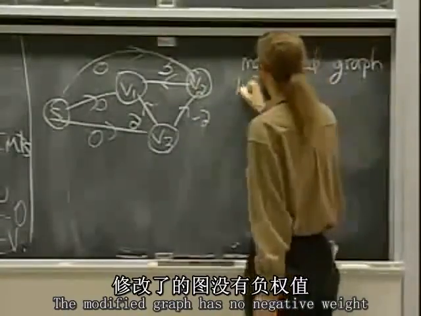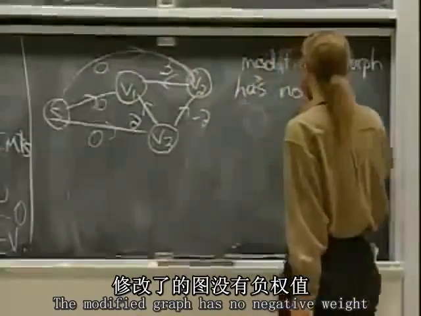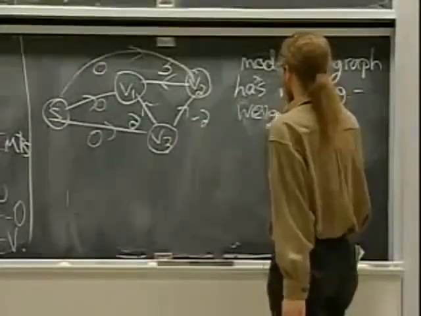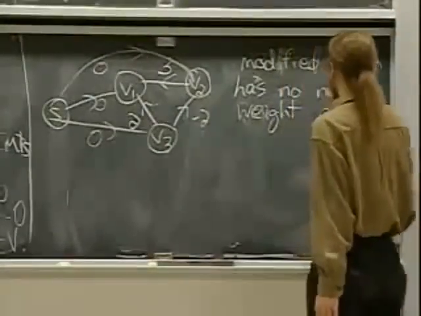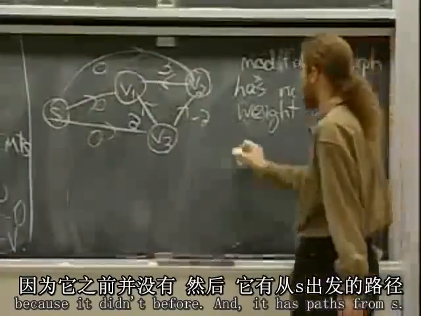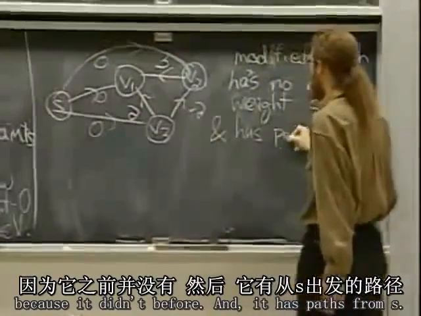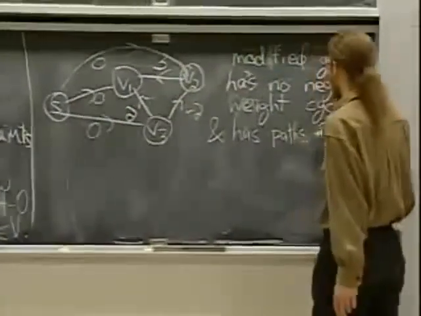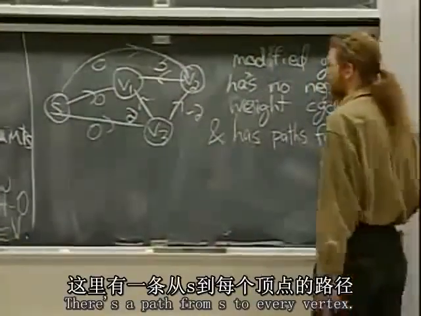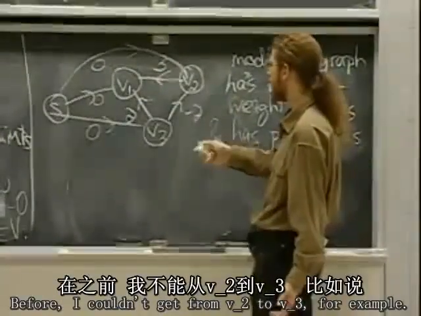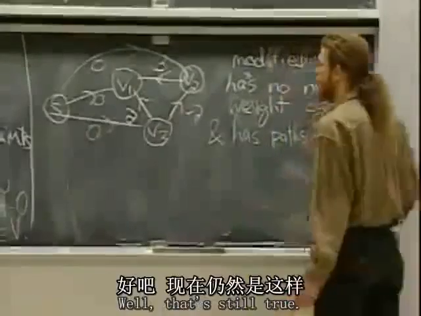So the modified graph has no negative weight cycles, because it didn't before, and it has paths from S. There's a path from S to every vertex. There may not have been before. Before I couldn't get from V2 to V3, for example.